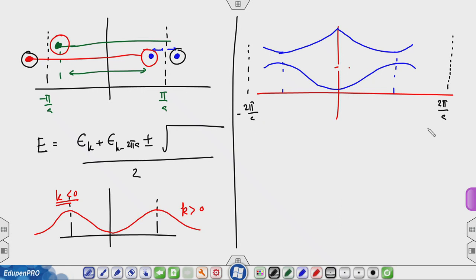There, E of 2 pi by a will be the same as E of 2 pi by a minus 4 pi by a. So, I can say that E of g will be the same as E of g minus 2g. So, you will have to apply perturbation theory again and mix those two levels, and that makes this smooth out here.